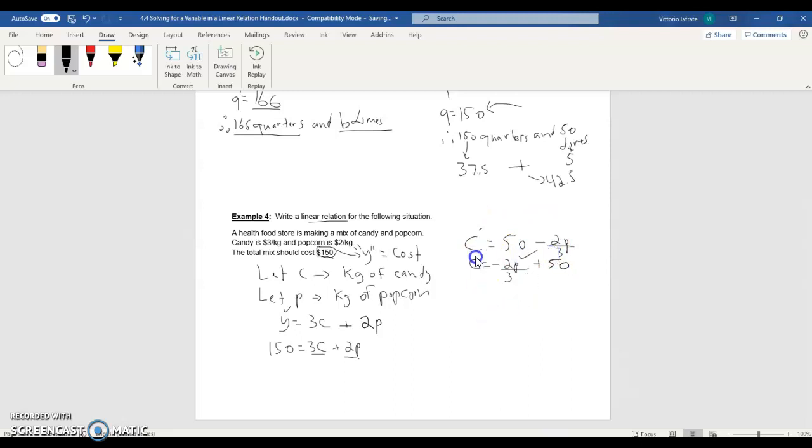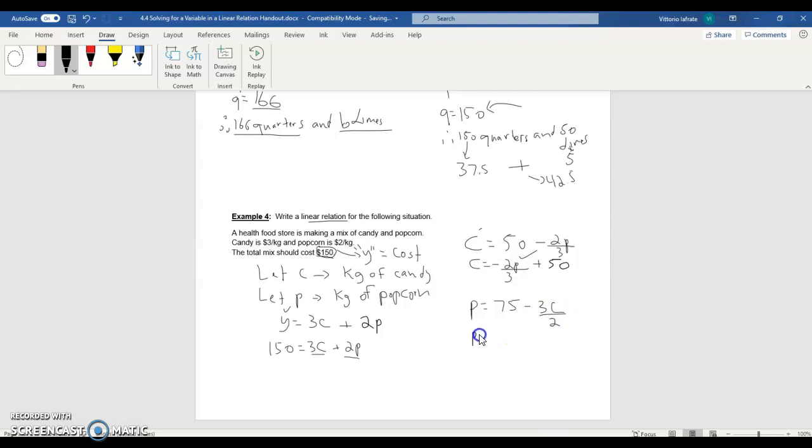And if I were to do the other situation where I express P in terms of C, I would get P is equal to 75 minus 3C over 2.